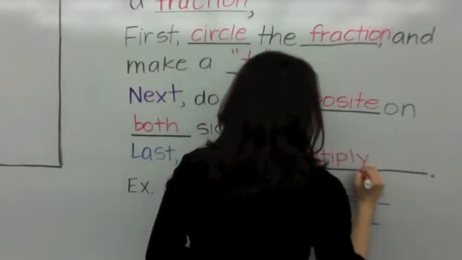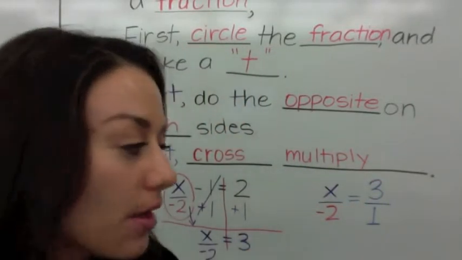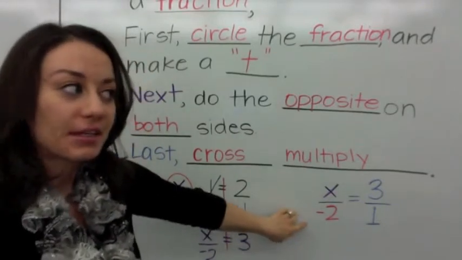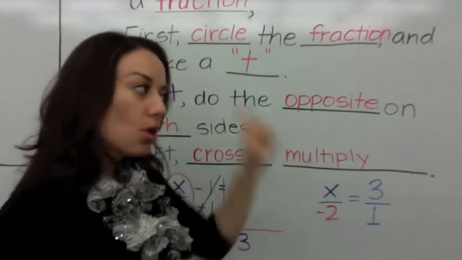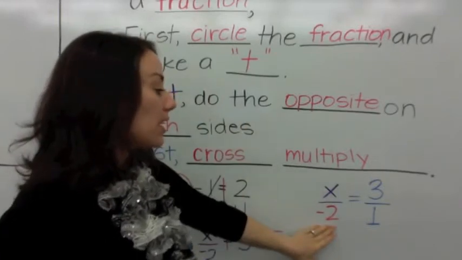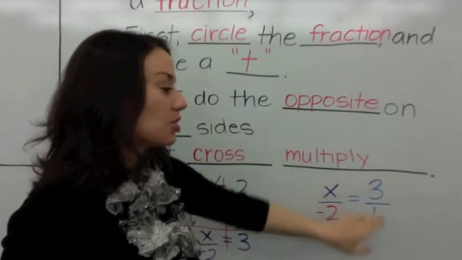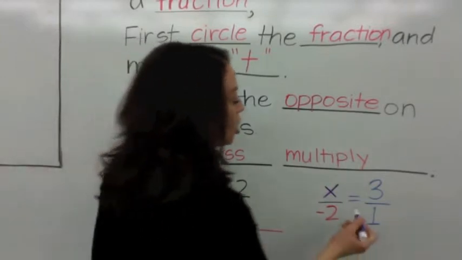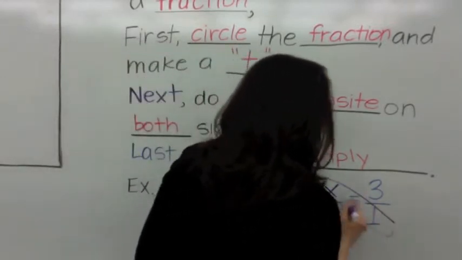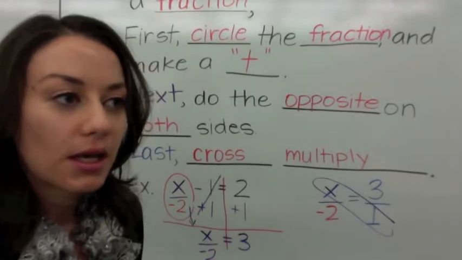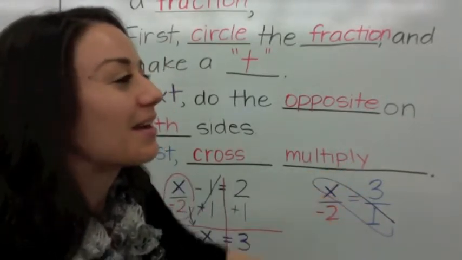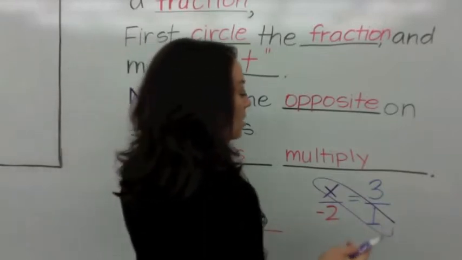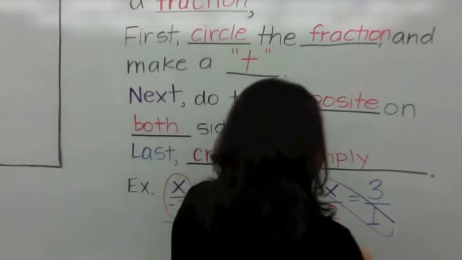All right. Now, this cross multiplication is very easy, and a lot of you forgot how to do it. When x is on top, it is going to equal what is on the bottom times the top of this fraction. So watch. Remember what x times 1 is. Any number times 1 is that number. So x times 1 is actually just x.